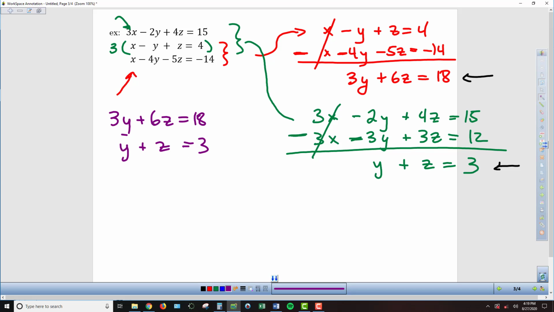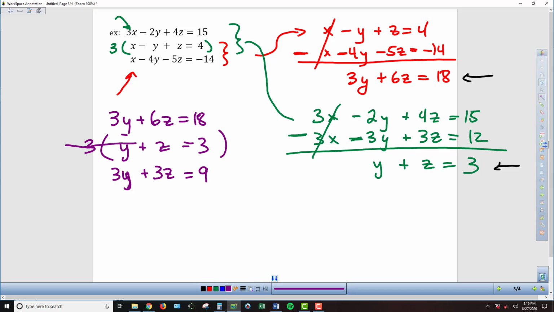And so now we can go ahead and use substitution if we want to, or I'm just going to go ahead and multiply everything in this bottom equation by 3 so that I get the y's to match up, and then I can subtract the equations one more time. So if I do that, in the interest of space, I'm just going to do it right below. So I've got 3y plus 3z equals 9.